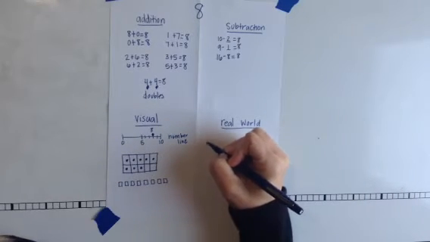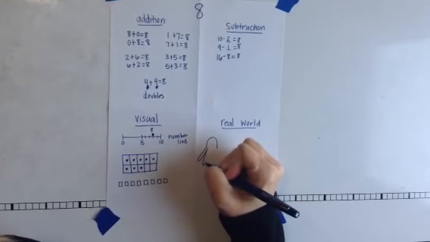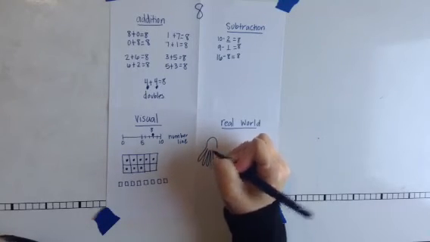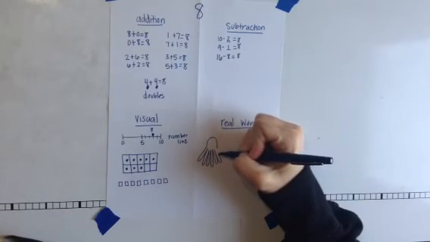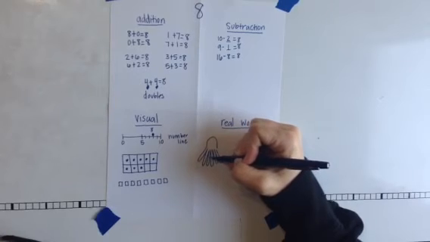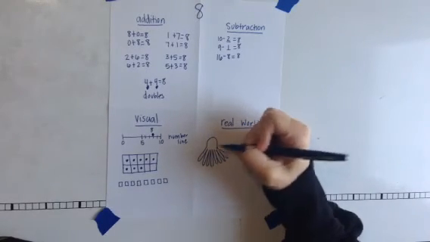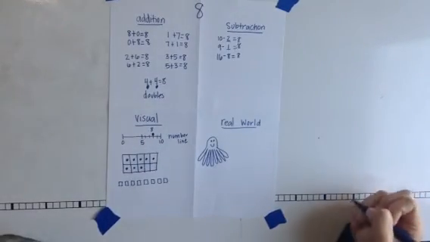I know that there is an ocean animal that has 8 legs. Maybe you're thinking about what the name of the ocean animal is. 1, 2, 3, 4, 5, 6. Ooh, Miss Curry, 7 and 8. And I'm going to give him a little smile because he is happy to make our chart today.